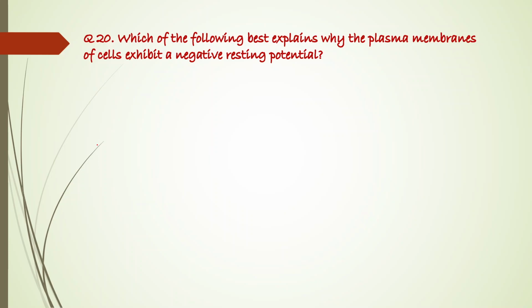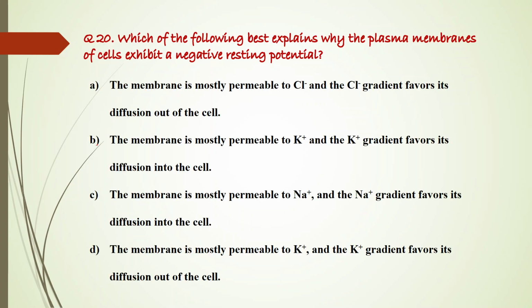The next question states, which of the following best explains why the plasma membranes of cells exhibit a negative resting potential? Okay, which of the following best explains why the plasma membranes of cells exhibit a negative resting potential?